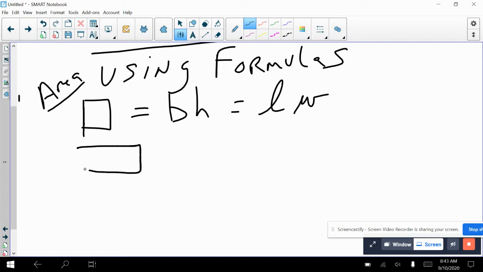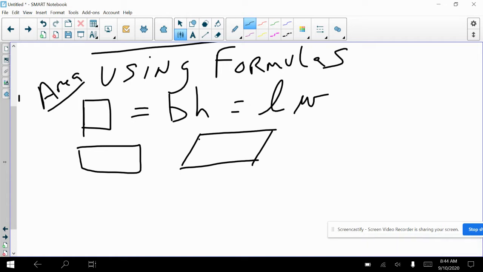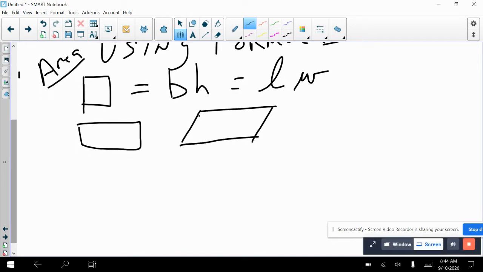What else? A parallelogram. That is correct. So length times width, base times height, either one is good for a square, a rectangle, and a parallelogram. Now these are all on your cheat sheet too under class resources, so that's good.